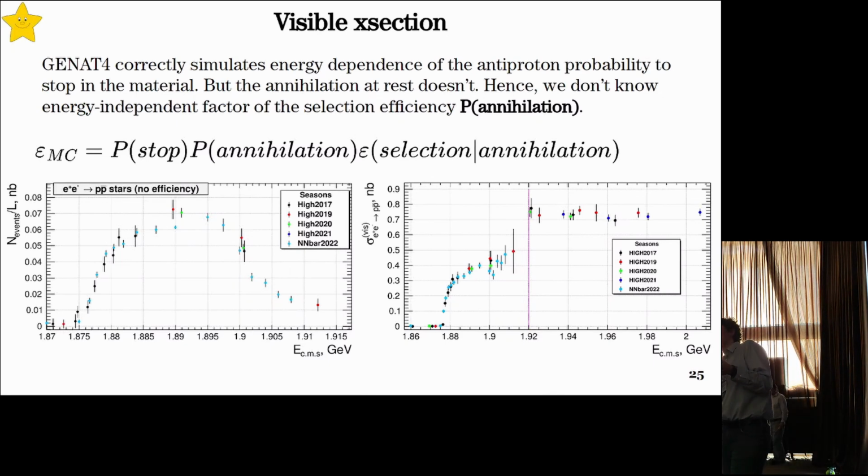Here you can see stars events, cross-section obtained by stars events. Here collinear events, and there is an unexpected step. And there is a simple explanation that almost all antiprotons in this region annihilate at rest.